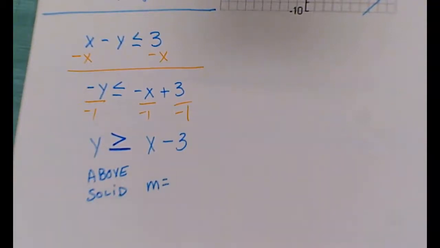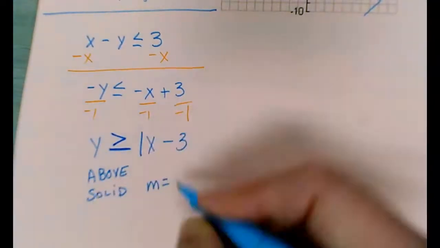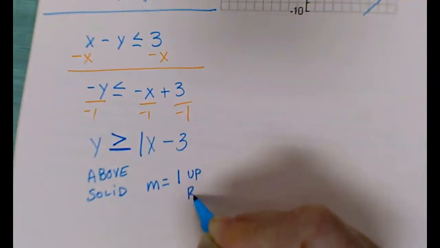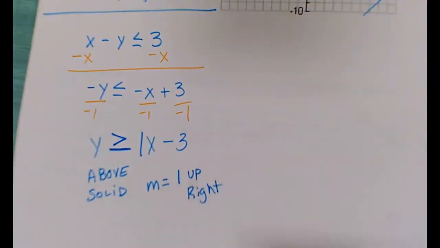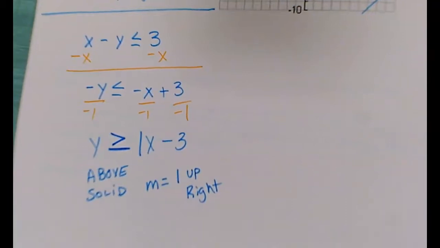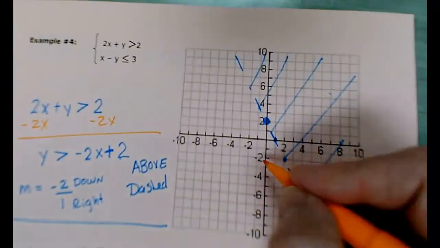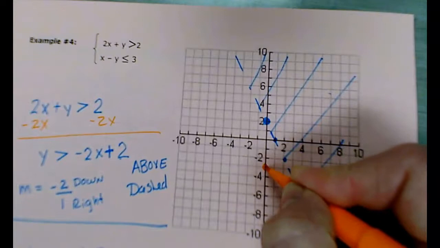What's the slope? So I'm going to count up 1 and right 1 from -3. Up here on the graph, the y-intercept is -3.